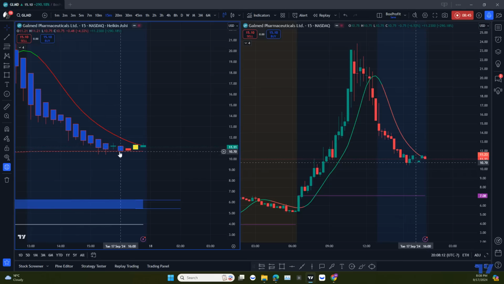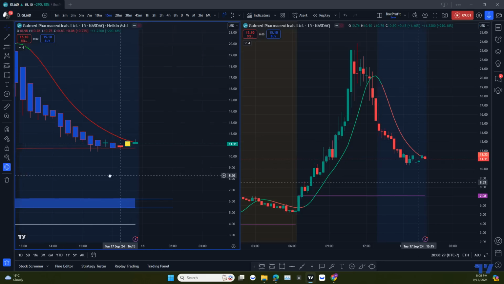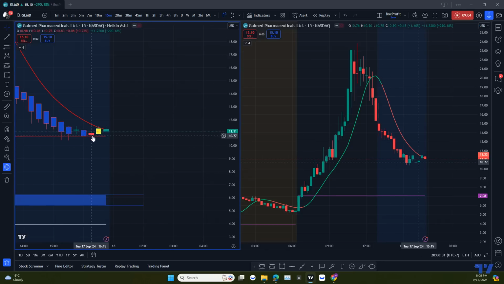Everything is sitting at the VWAP, this red line, that's the VWAP. Everything is sitting at the VWAP, and that's not a problem. So the VWAP in this case is working as our level of resistance in this downtrend. Okay, and with that in mind, that brings us to that.